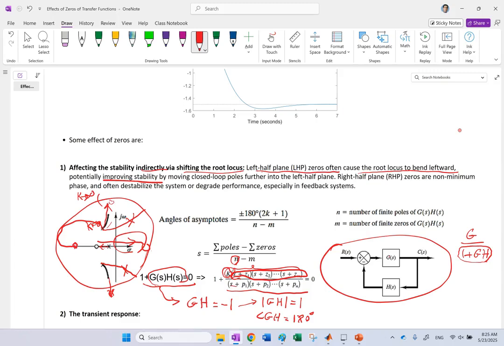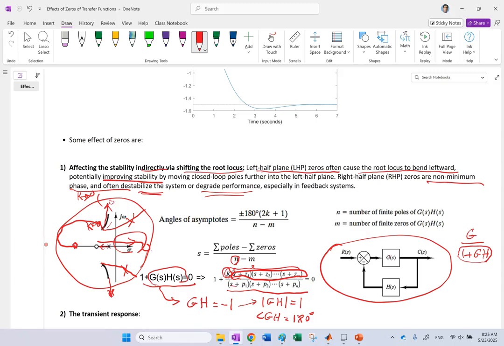That zero on the right hand side, by the way, we're going to call a non-minimum phase zero. Why? I'll show you in a second. That will destabilize the system and degrade the performance, as I'll show you. So clearly, by adding zeros on the left hand side, you make the system more stable, and on the right hand side less stable.